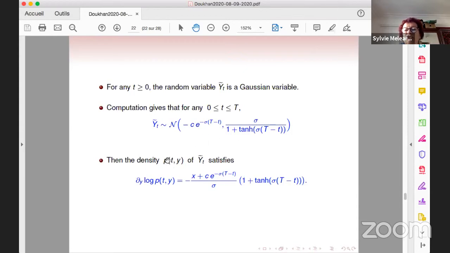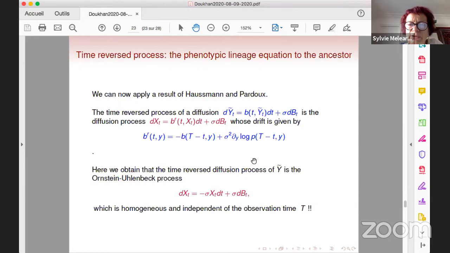So you can write the density of Y tilde, which is a Gaussian variable, and also an expression for the derivative of the density with respect to y. That's the main point of my last slide: because we can compute, we can also compute the reverse time process of this Y tilde t. That was the question we had in mind at the beginning of the talk.